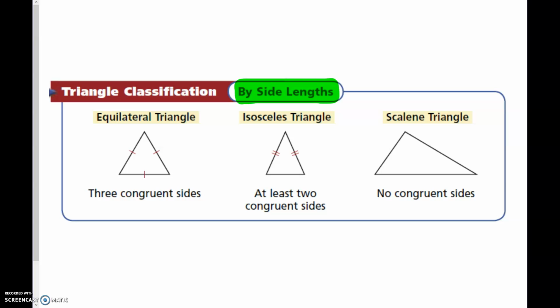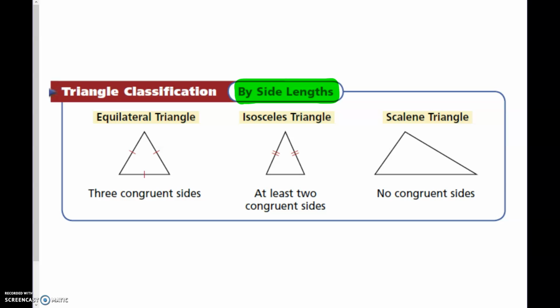Now, I don't know why for isosceles they say at least 2 congruent sides. So, if you have one, you always want to give it the best name you can. If you for sure know all 3 sides are congruent, you are going to say equilateral. But they're going to trip you up and say, are all isosceles triangles equilateral?